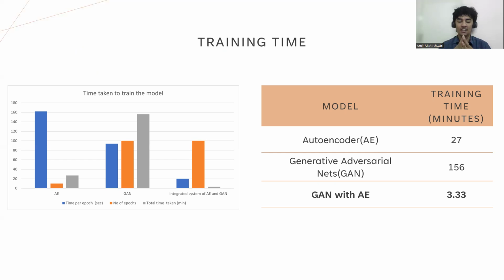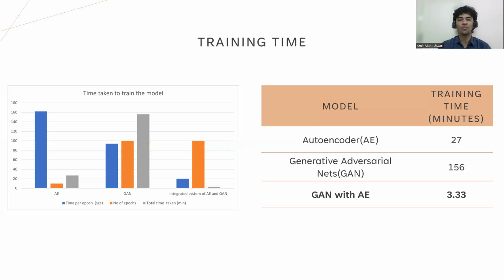But as we could reduce the trainable parameters for the integrated system of GAN and AE, with a similar number of epochs in the integrated system the training time comes significantly down. Why? Because per epoch training time is significantly less in the integrated system. So overall time comes down to as little as 3.33 minutes. So it is a huge reduction in the time consumption.